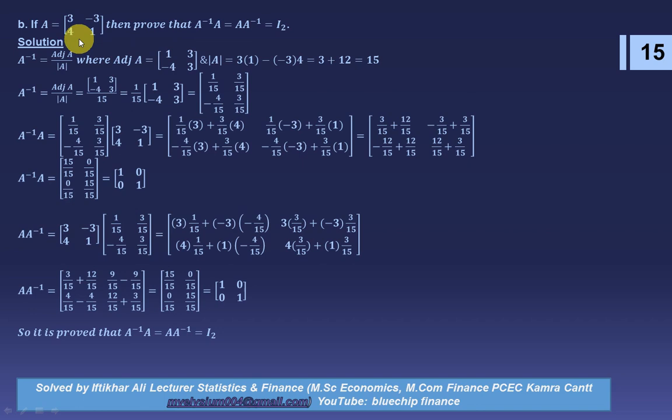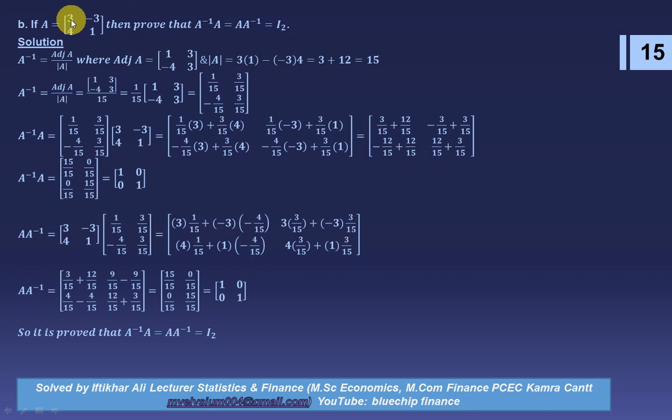Part B is that if A matrix is 3 minus 3 4 1, then prove that A inverse multiplied by A is equal to A multiplied by A inverse, and the result is the identity matrix also. So first of all, inverse is always equal to adjoint of A divided by the determinant of A, where in adjoint we just change the place of these two elements and we change the signs of these two elements.